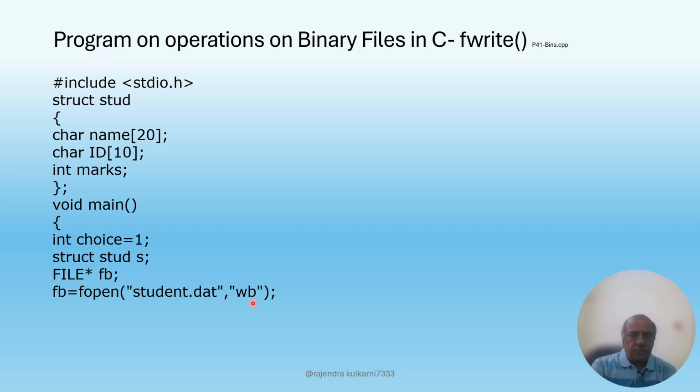In text files we simply write w when we have to write to a text file. When we want to open a binary file, we have to create a binary file. This wb will be the mode of opening the file student.dat in write mode.